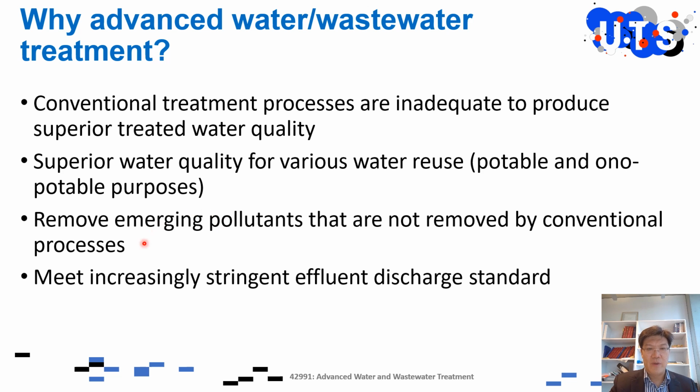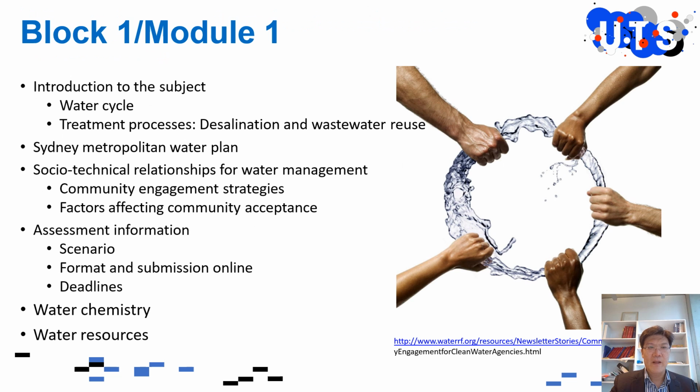That's the reason why we have to consider advanced water and wastewater treatment, to remove these emerging pollutants better. Ultimately, we can meet the increasingly stringent effluent discharge standards, so that we can protect our ecosystem and people's health.